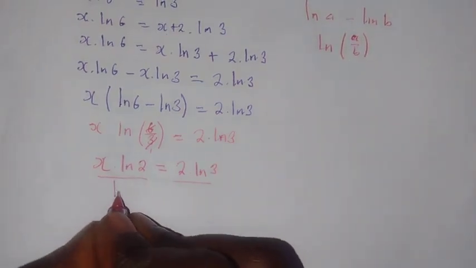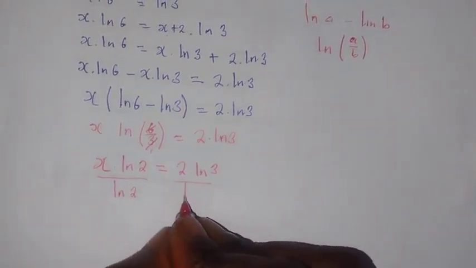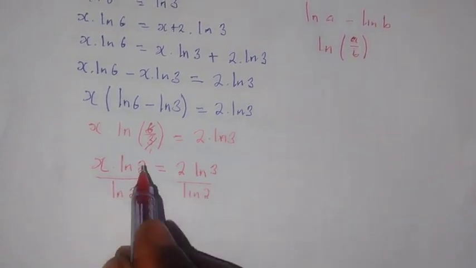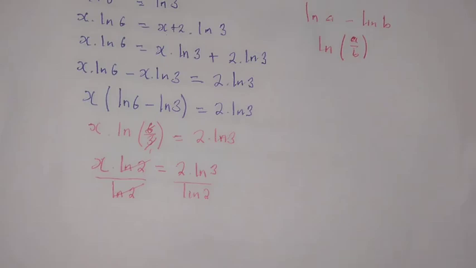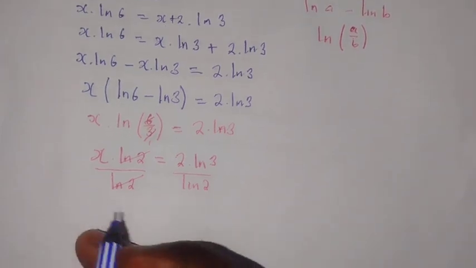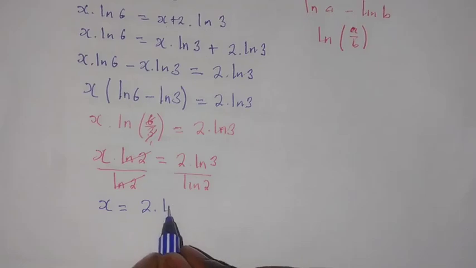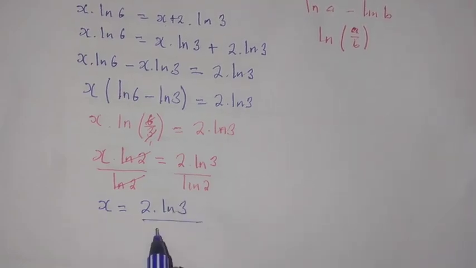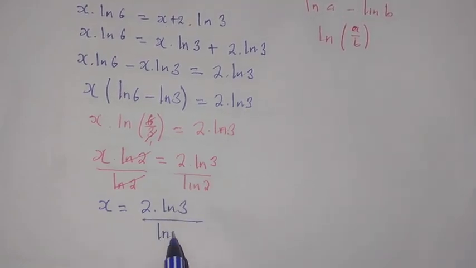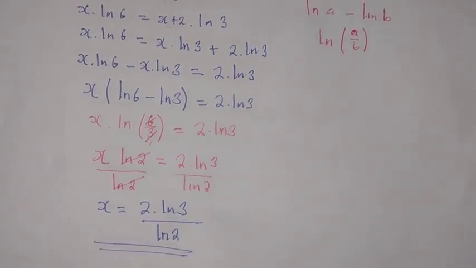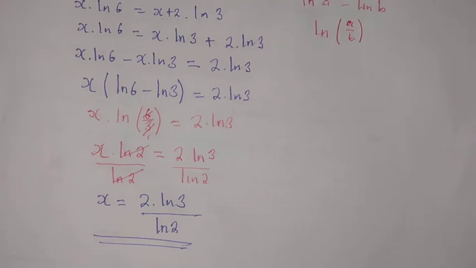We're going to divide by ln of 2. Even here we divide by ln of 2. So this and this will cancel, then we are going to remain with x. So we have x is equal to 2 times ln of 3 over ln of 2. This is the value of x.